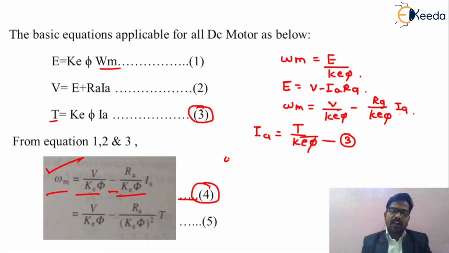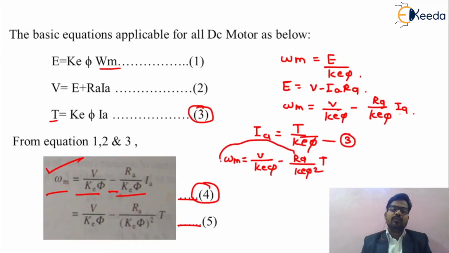So we are getting a fundamental equation: omega m is equal to V divided by Ke phi minus RA divided by Ke phi square into T. This will be called equation number 5.